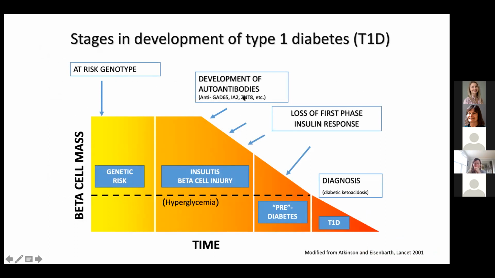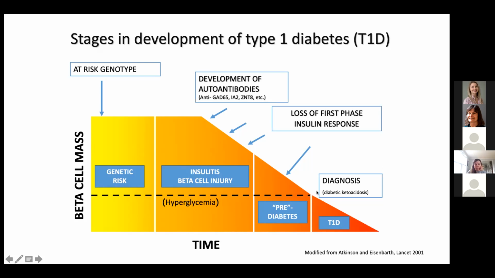As the number of islet autoantibodies increases, a person's chance of progressing to type 1 diabetes increases. Once 3 islet autoantibodies are detected, it's very likely that within a 5-year window the individual will progress to type 1 diabetes.